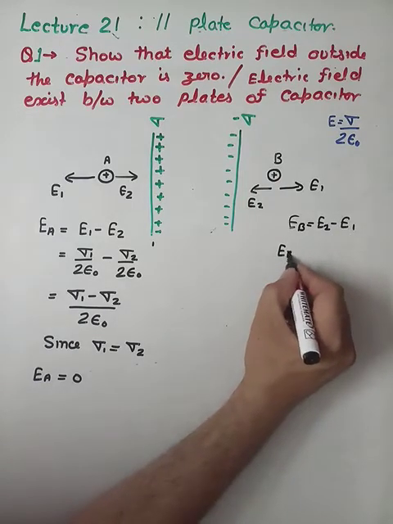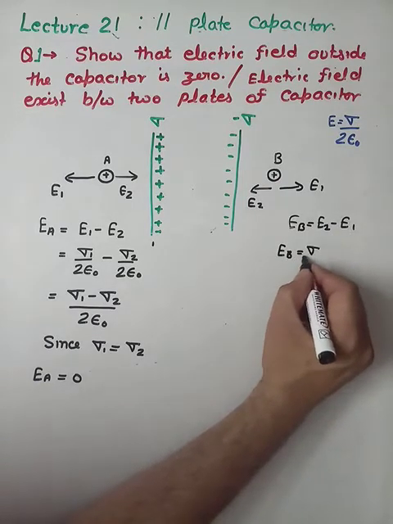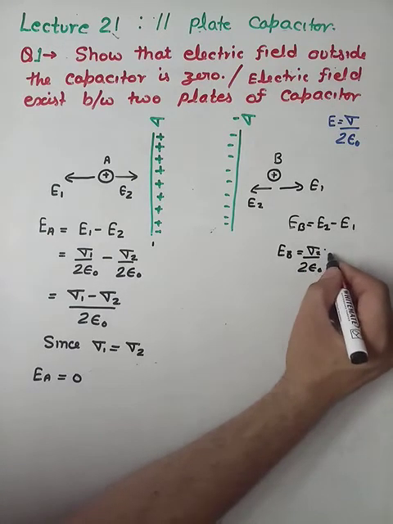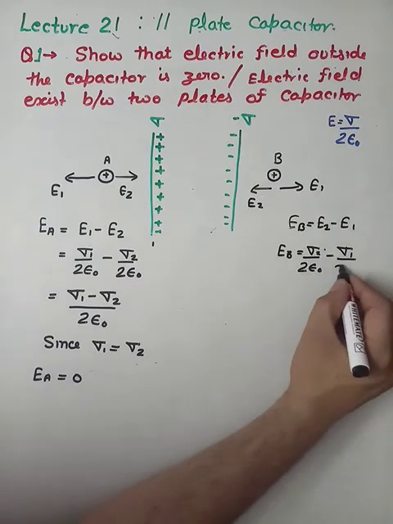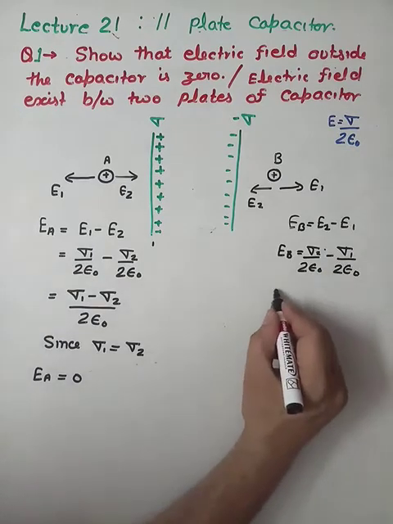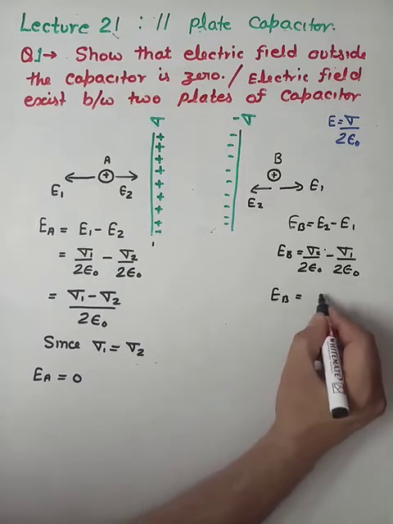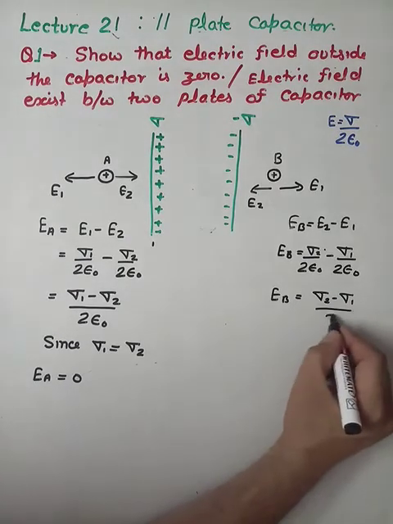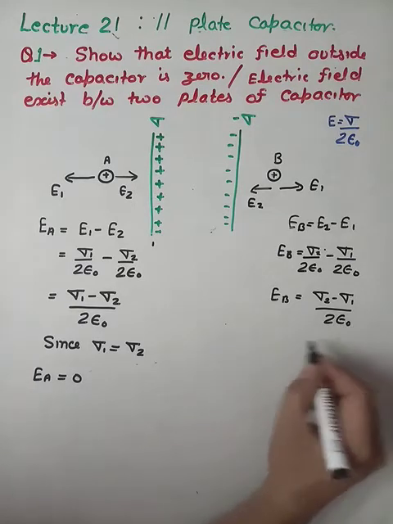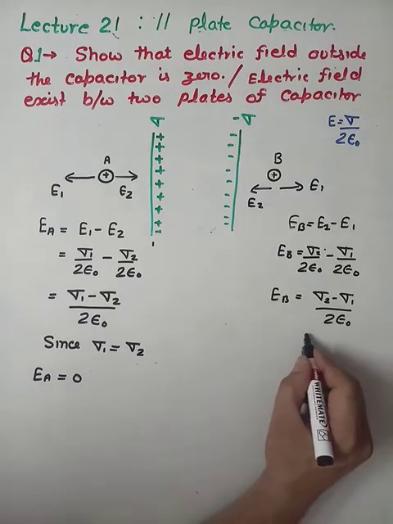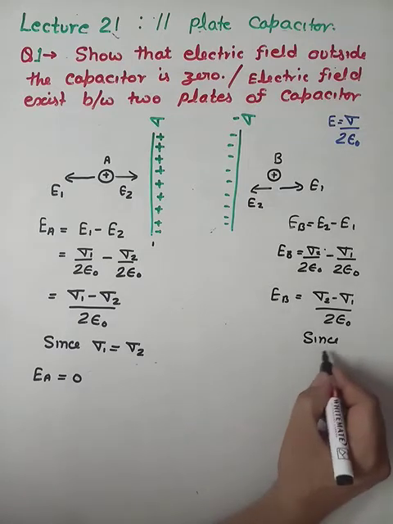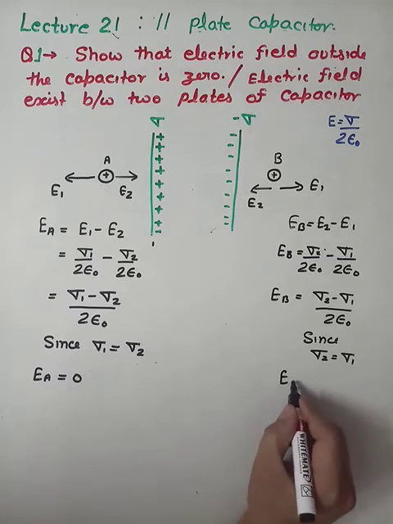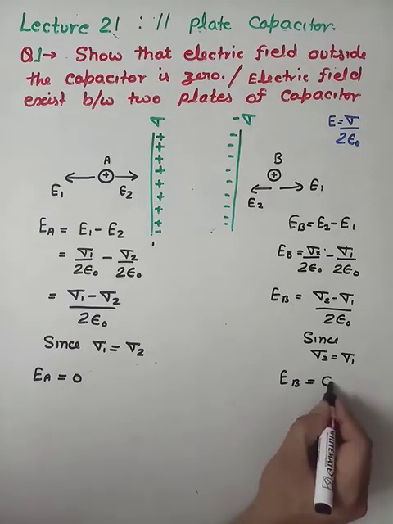Since field is independent of the distance, we get the same formula, EB is equal to sigma 2 minus sigma 1 upon 2 epsilon naught. Again here, since sigma 2 equals sigma 1, electric field at B will be equal to 0.